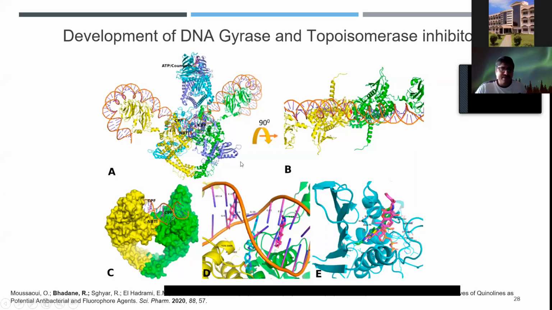When we started the docking study, we docked our molecules on the DNA gyrase B subunit. We also performed docking on the fluoroquinolone binding site, and also on the NBTI site.